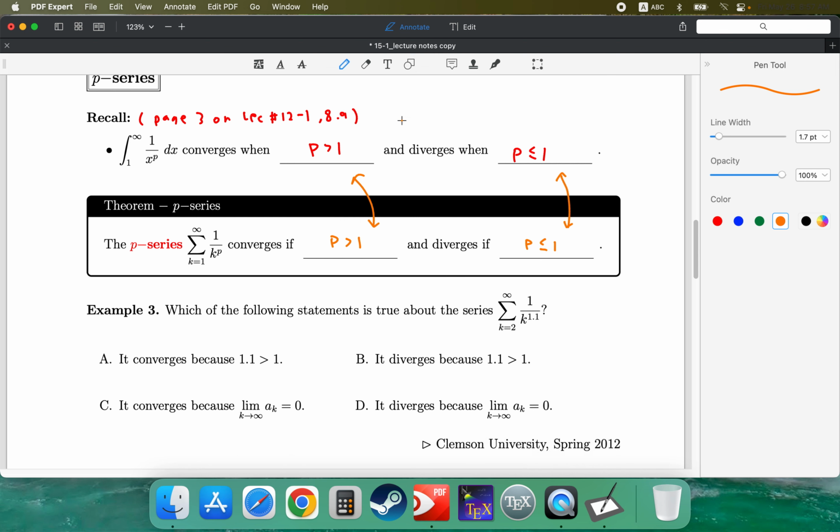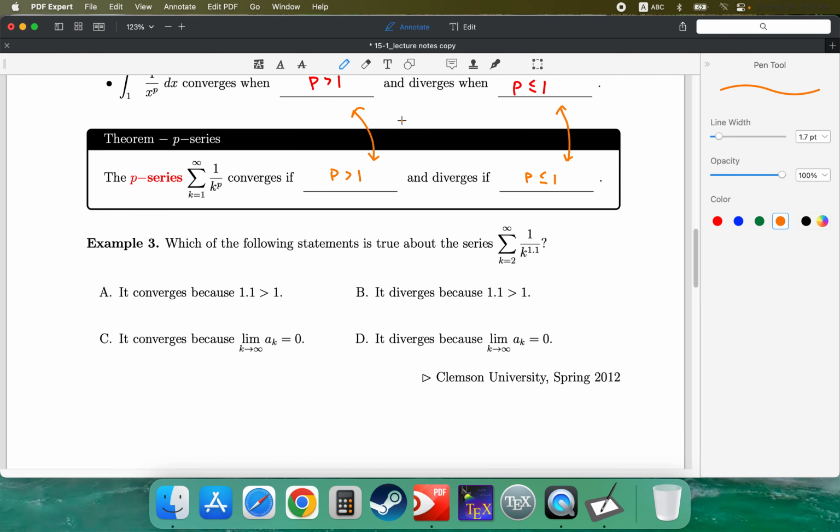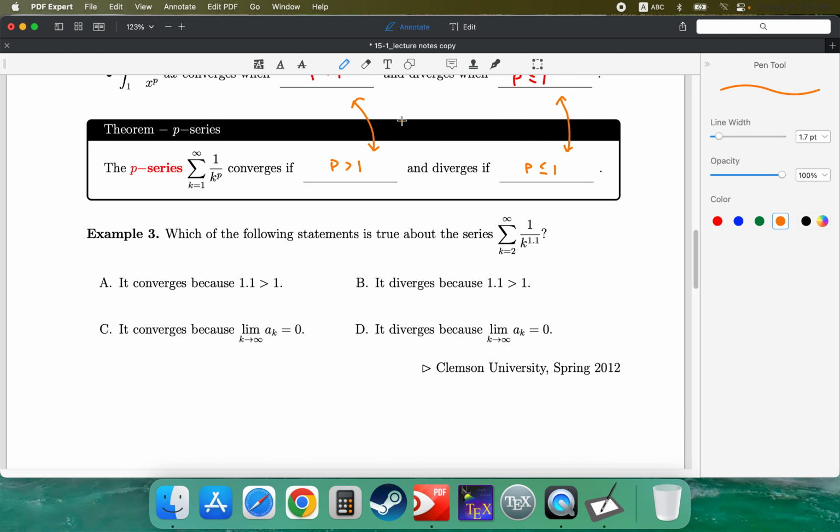Let's take a look at example 3. Which of the following statements is true about a series? When you see a series like this, it's a P series because it has the form of 1 over k to some power.